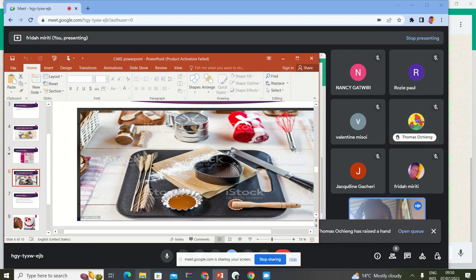We also have a balloon whisk here that is used when beating the eggs. We have a palette knife that we use in folding in or cutting our cakes. We have the cloths that are used when sieving the flour. We have our baking sheet and our chopping board that we use when cutting the cakes.